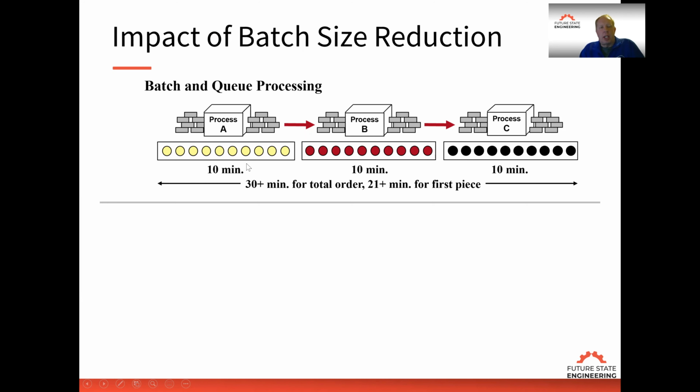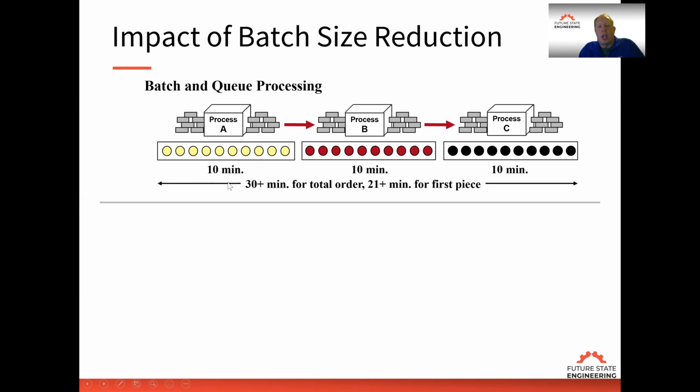We process all of items 1 through 10 on process A, and it takes 1 minute to process each unit. In that case, it takes us 10 minutes to get through process A. It gets moved to process B, same thing, 1 minute to complete those, so 10 minutes on process B. Then we move that to process C, where same thing, 1 minute for the 10 items.